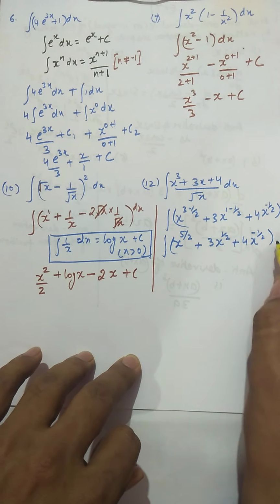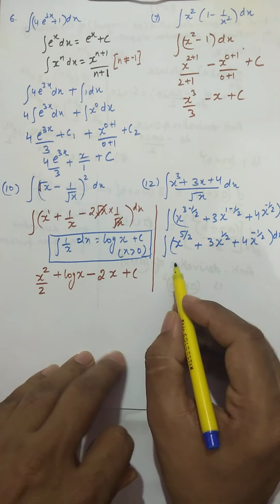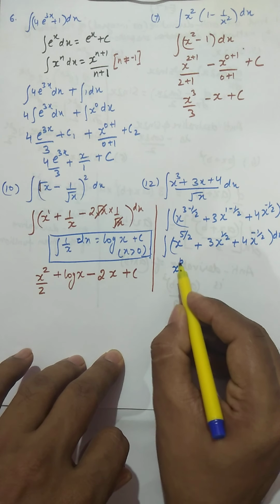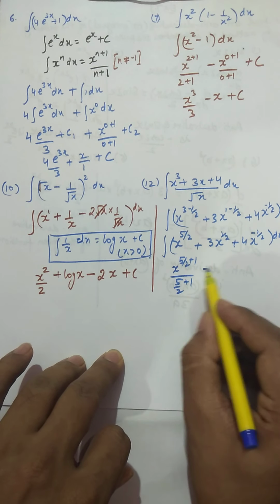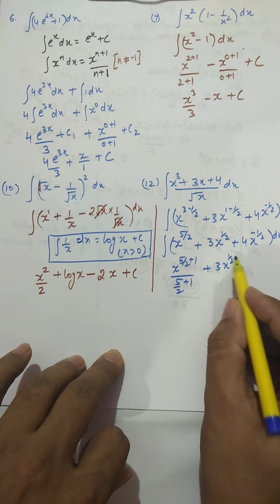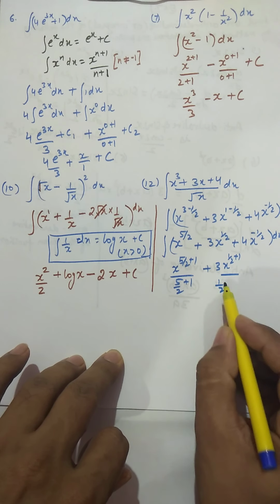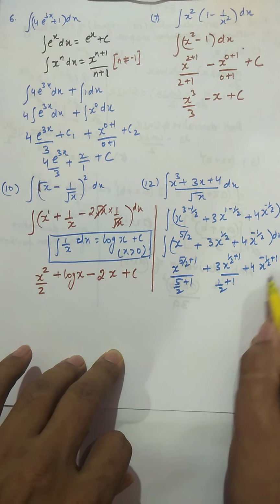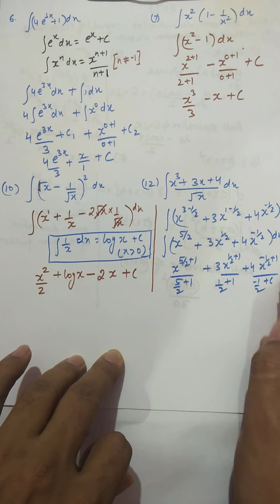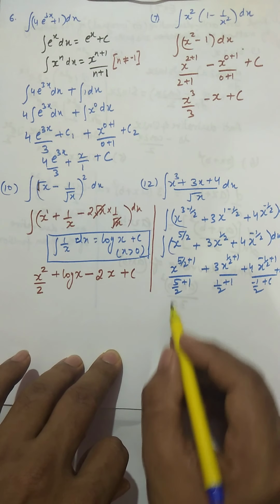Now we can apply the power rule. First, according to the power rule, x^(5/2 plus 1) upon 5/2 plus 1. Here this is 3x^(1/2 plus 1), here also 1/2 plus 1 you have to do, plus 4x^(-1/2 plus 1) upon minus 1/2 plus 1, plus c also. So this you can simplify.